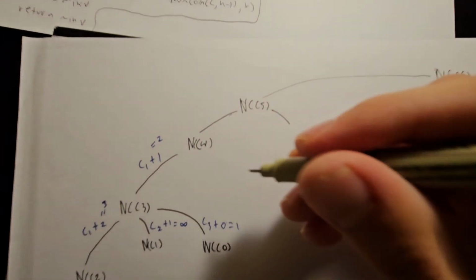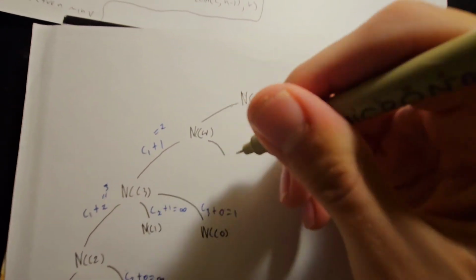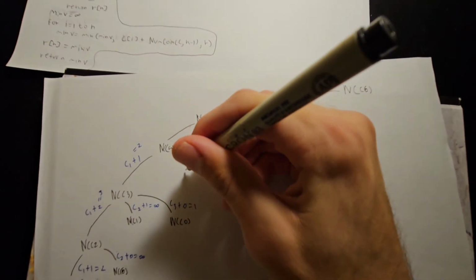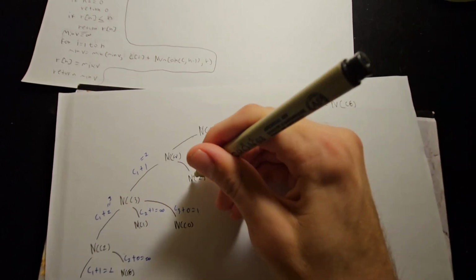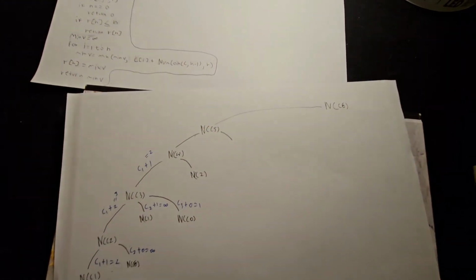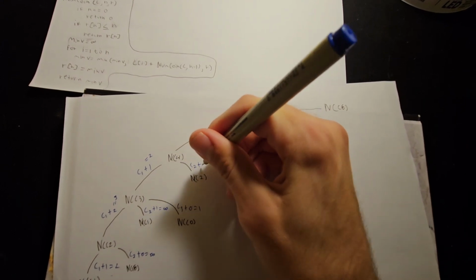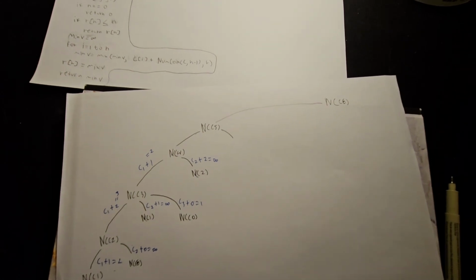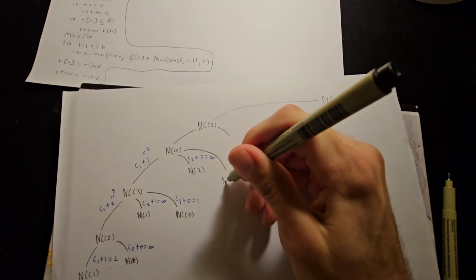And then we're going to come over here to NC4. This is where it's going to start being a lot more helpful. So NC4 is going to go over and it's going to start going to NC2. We know what NC2 is, so we don't actually need to do anything with that. We know that this is a C2 plus 2, which is going to equal infinity. Then it's going to come over to NC1.